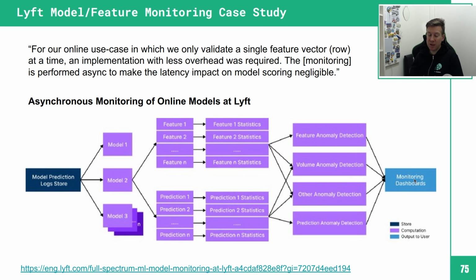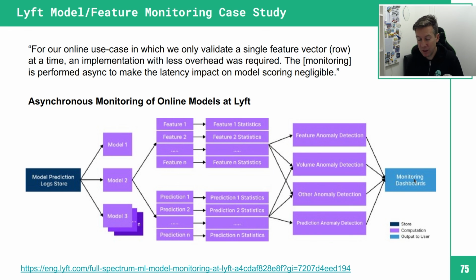In that case, they found that the monitoring of these input features should be performed asynchronously, because the latency of the prediction needs to be low. If you do that in line, it's going to have an impact on your latency, which is more important to them. So in that case, you can do your feature monitoring asynchronously.